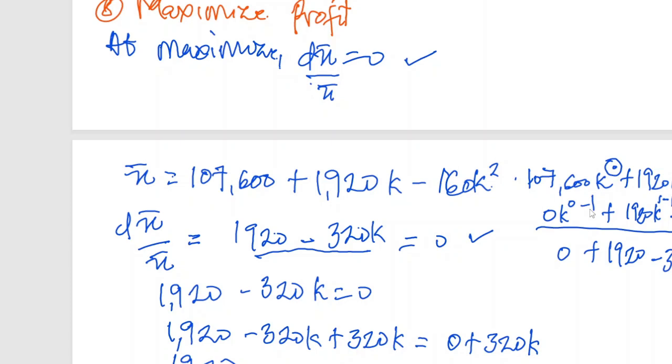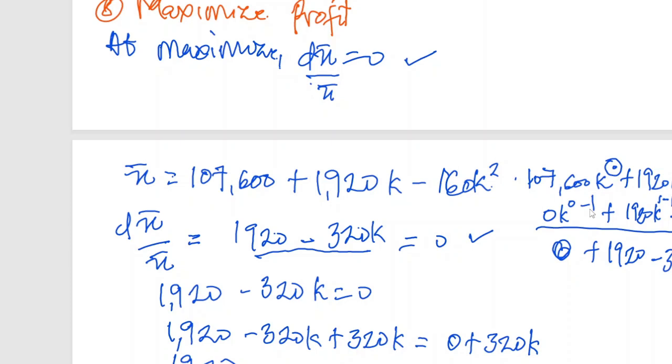So 0 times K to the power 0 minus 1 will be 0, then plus 1920. K to the power 1 minus 1 is K to the power 0, which is the same as 1. So you now have 1920 minus 320 K to the power 2 minus 1, which is K to the power 1.